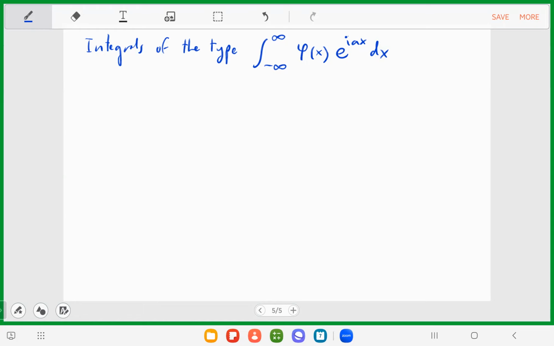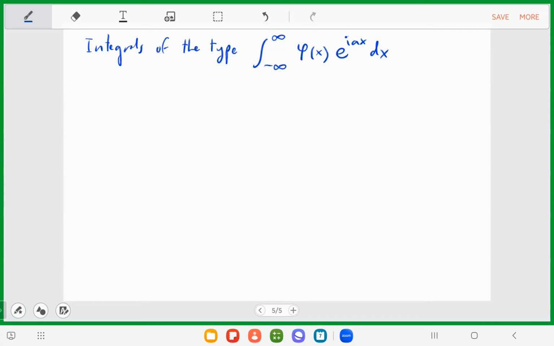Actually, this type of integrals have some interest because you can use this to calculate the Fourier transform, which we will talk about much later in the course. But the Fourier transform can be defined like this, as the integral of a real function multiplied by this complex exponential.